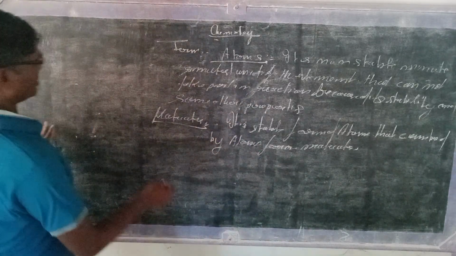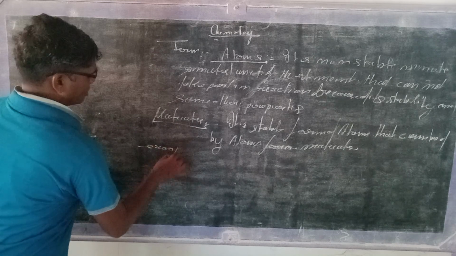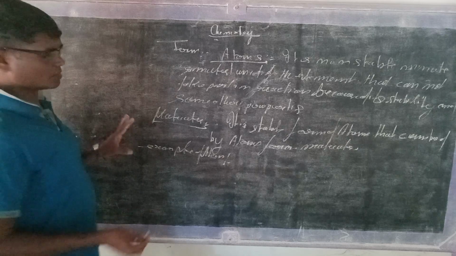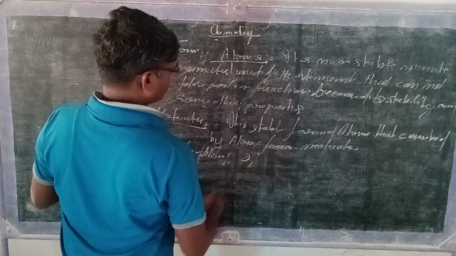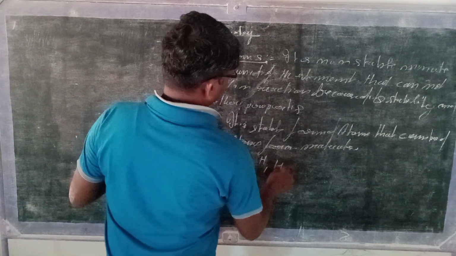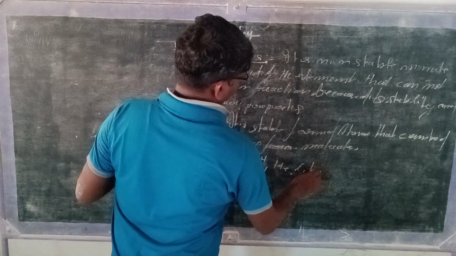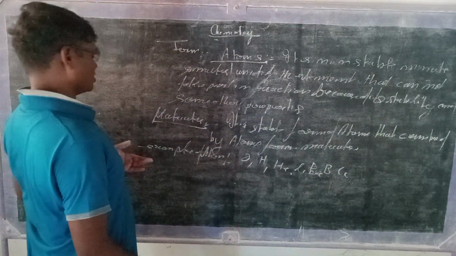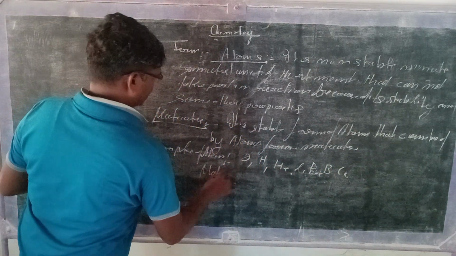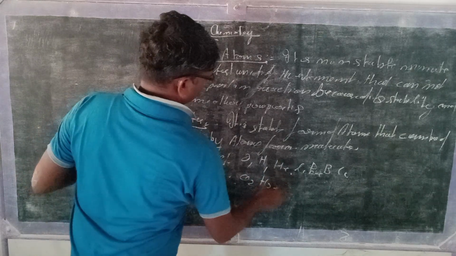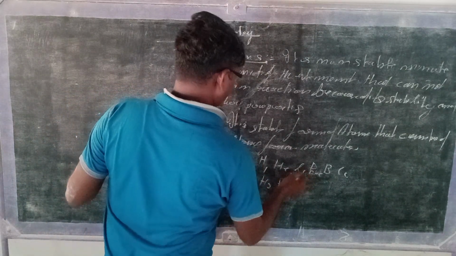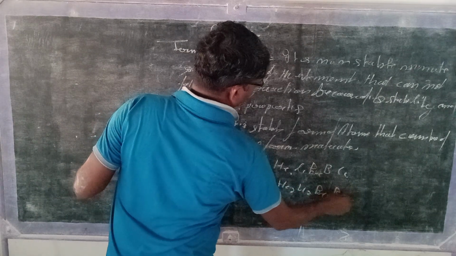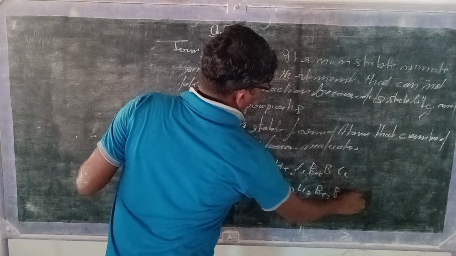Suppose some examples of atoms: O, oxygen, hydrogen, helium, lithium, beryllium, boron, carbon. These are the atoms, and the molecules are O2, H2, He2, Li2, Be2, B2, C2.